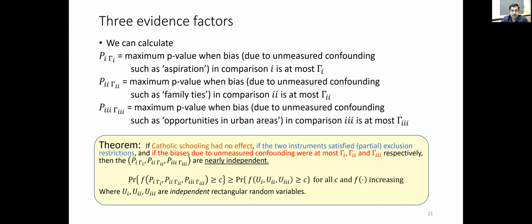But we don't have equality, we have greater than or equal. That means the joint distribution can only give you higher values than a uniform. And the higher value for us means the evidence against the alternative, right? So we are okay as long as under the null, the evidence against the alternative is higher than what would have been if everything was independent.